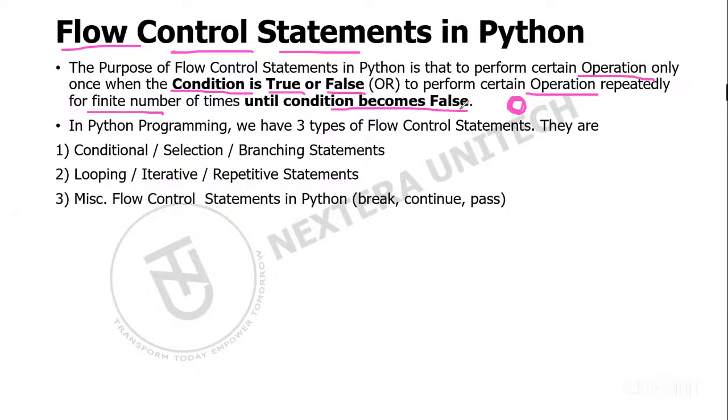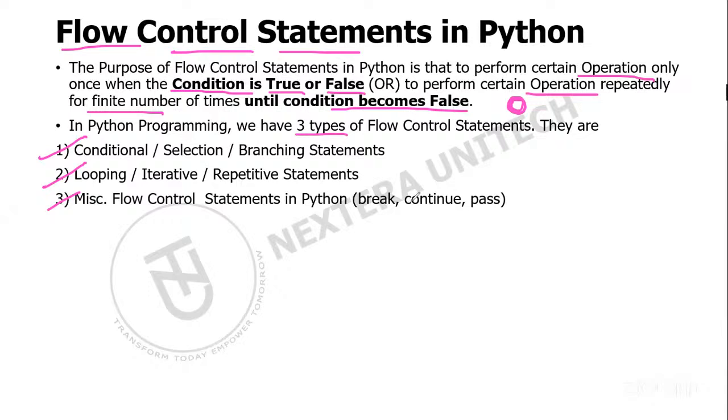In both cases, we use flow control statements, and in Python we have three types of flow control statements. What are they? They are conditional statements, looping statements, and the statements that are break, continue, and pass.